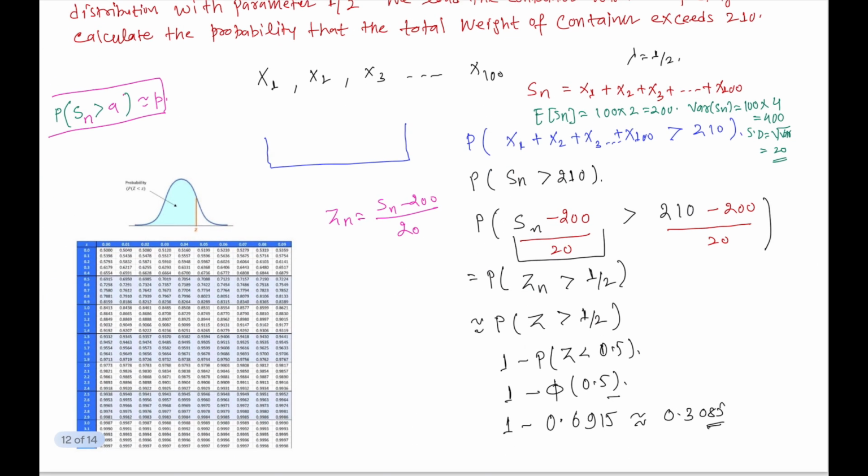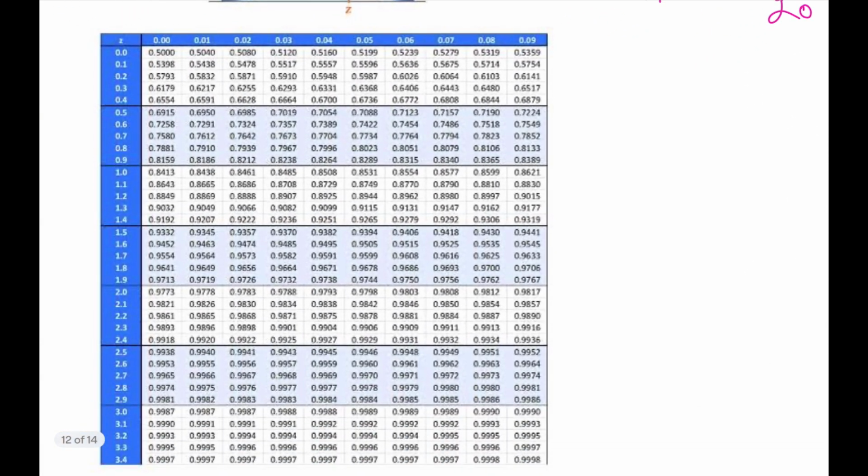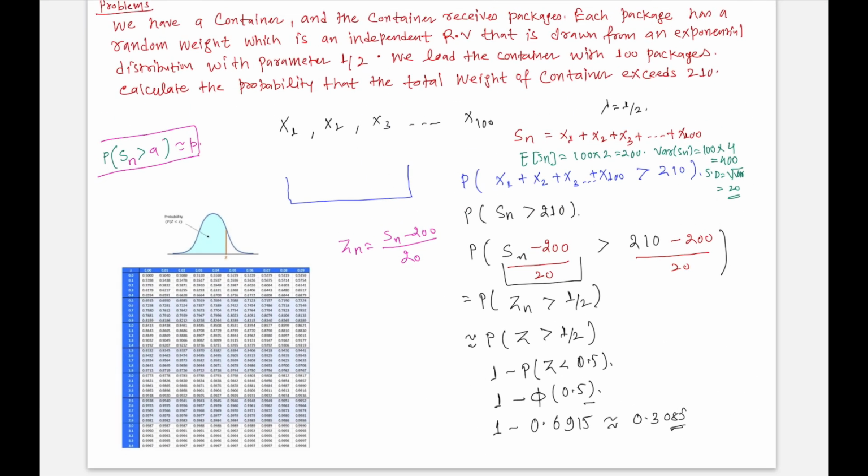So look at this table. We are looking at the probability 0.95. It will be somewhere around here, 0.9495 and 0.9505. Let's pick this one. It has the value 1.65.